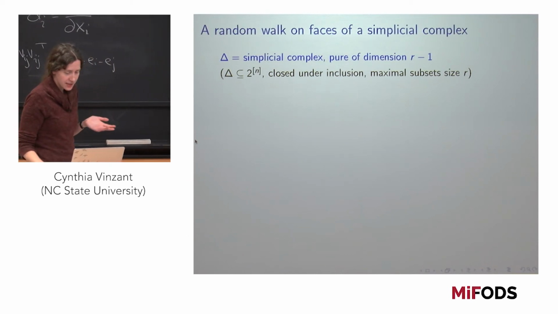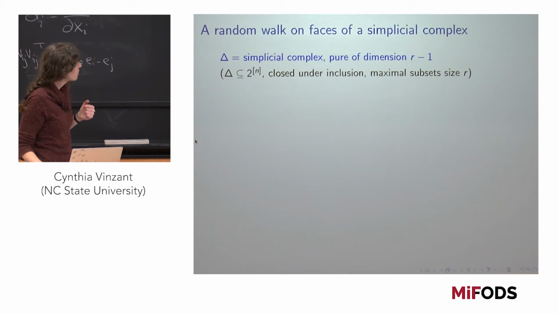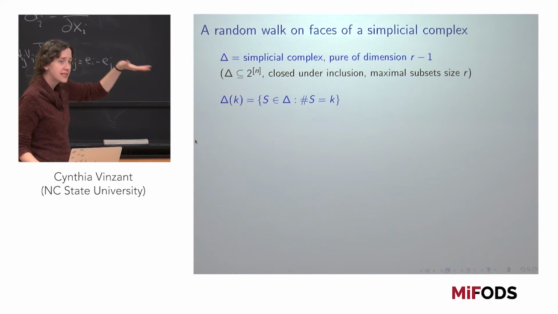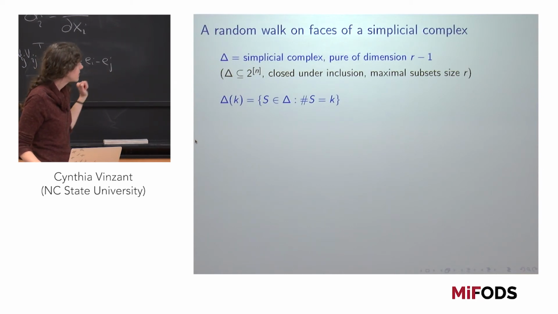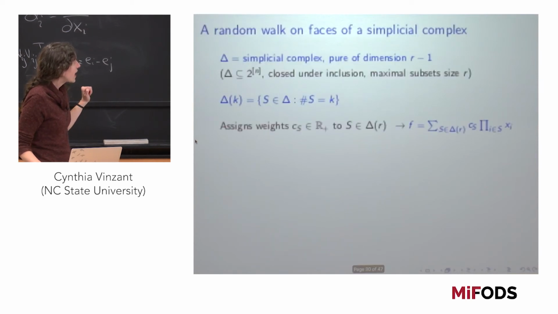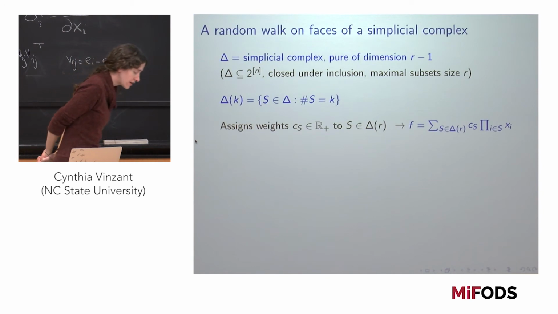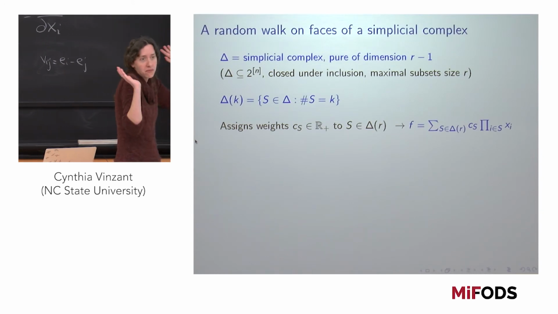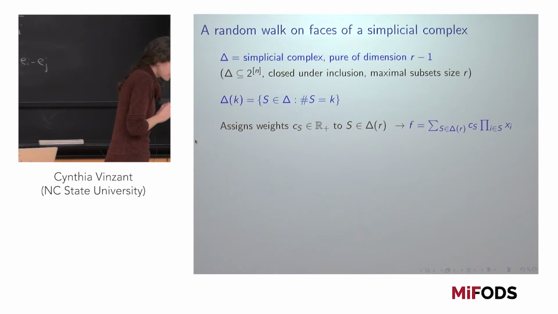But if I have such a thing, I'm going to define some random walks. First, let me pick out the collection of subsets of some given size, so size k. And let me weight the top dimensional faces, so the maximal subsets in my set. I can assign them some positive weights. Maybe I assign them all weight 1. That's fine.